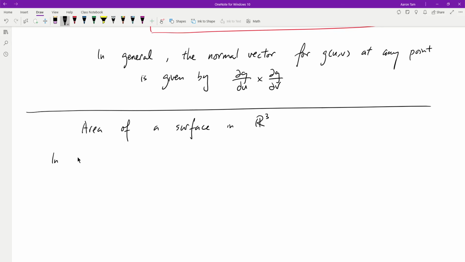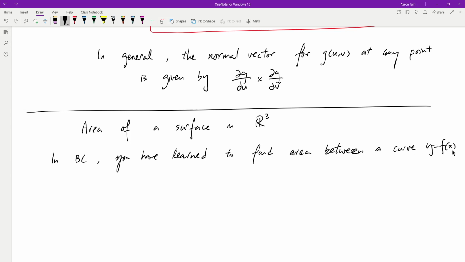So, in BC calculus, you have learned to find the area under the curve. Well, actually, maybe I should say the area between a curve y equal to f of x and the x-axis over an interval from a to b by using this integral.